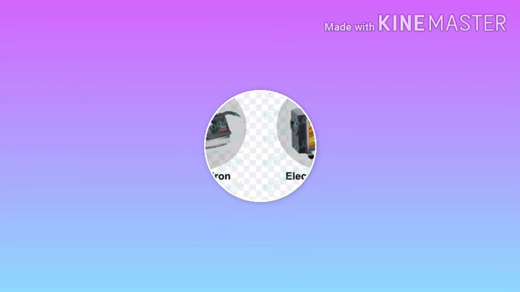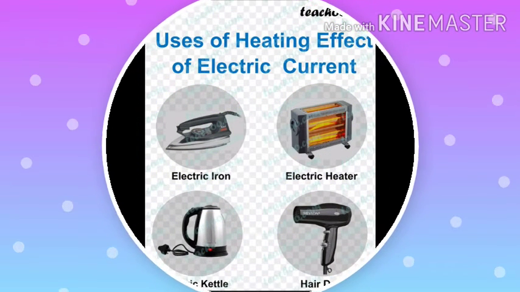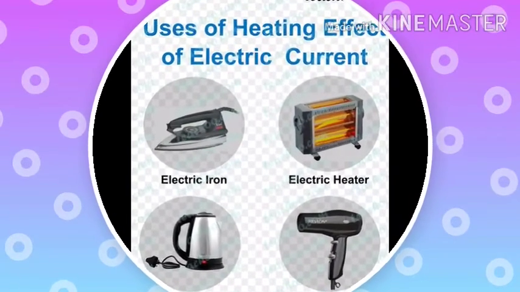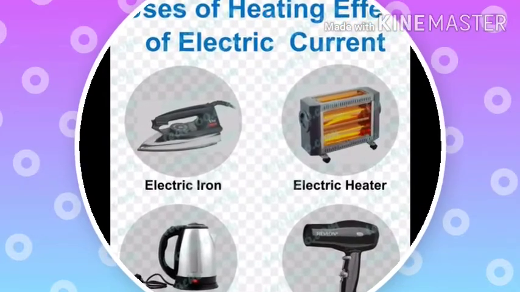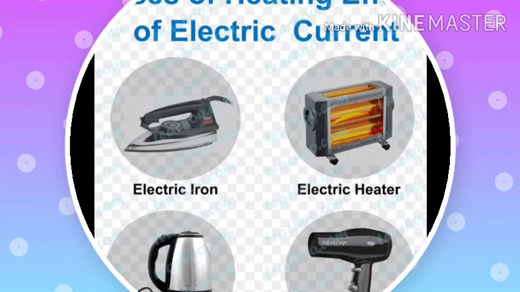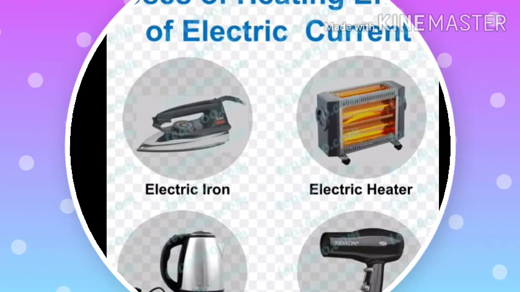Now we have seen the heating effect of electric current. When a resistor is connected in an electrical circuit, heat is produced in it due to the current. This is known as the heating effect of current. Equipment such as water boiler, electrical cooker, electrical bulb make use of the heating effect of electric current.